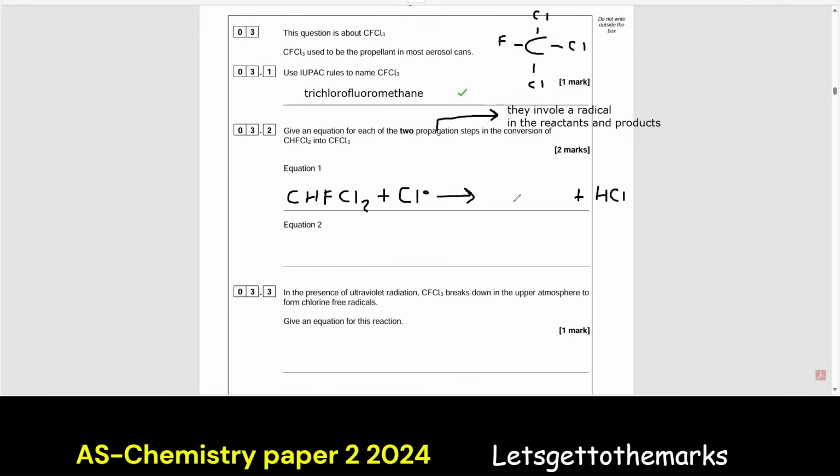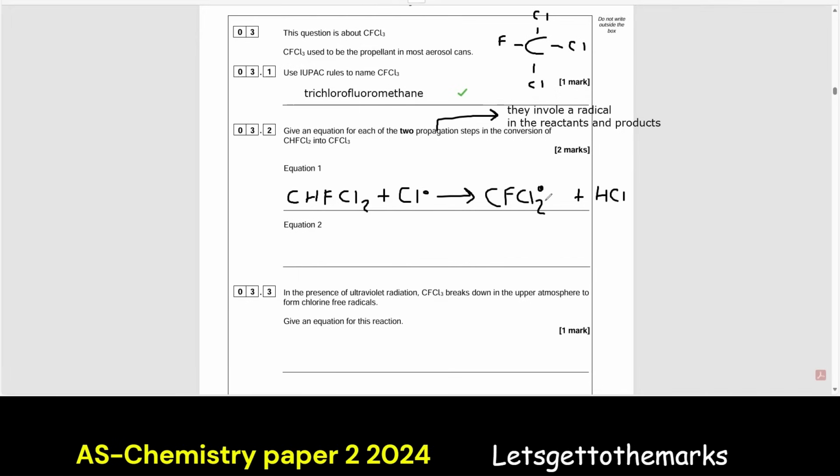And we're going to be left with CFCl2, because the hydrogen's been taken off to join with that chlorine. However, this is now a free radical. This has now got the unpaired electron, and the hydrogen chloride is sorted.